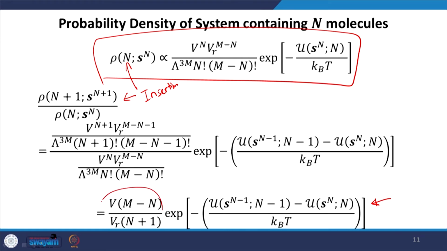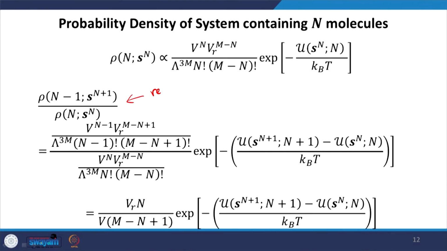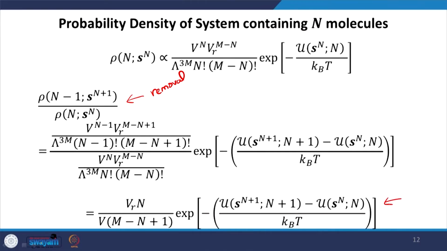So, again we have a prefactor to worry about, which we can approximate using the ideal gas, and similarly I can do it for the removal, where the new configuration will have 1 molecule less, that is n minus 1 molecules, and the old one has n molecules. So, again we have a slightly different ratio of the old to new configuration.